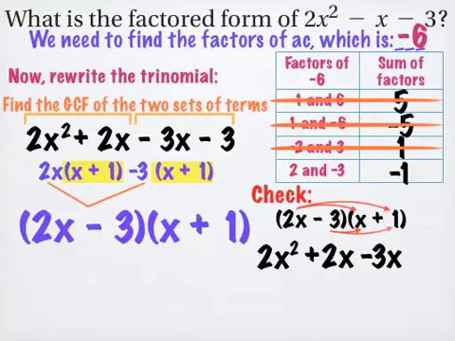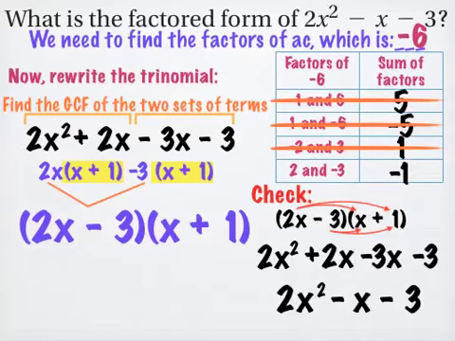And then -3 times positive 1 is a -3. Combine your like terms, 2x minus 3x is a -1x. This trinomial that I have as the answer to these two binomials multiplied together is the original trinomial that they gave me to factor, so I know that I have the correct answer.